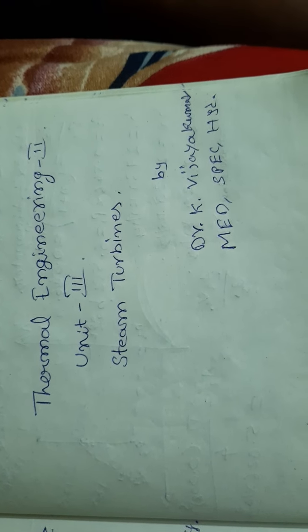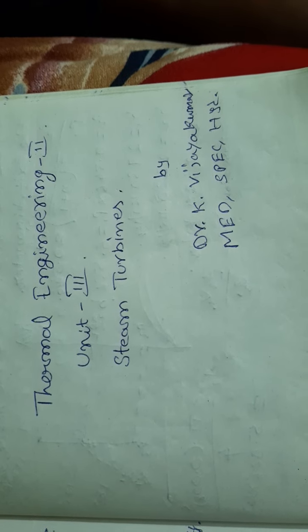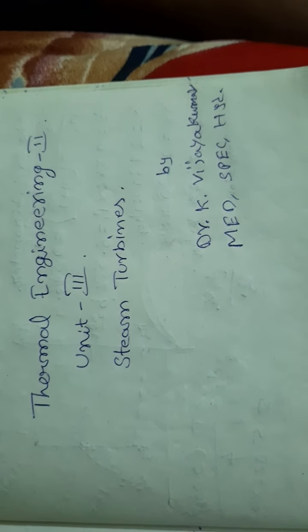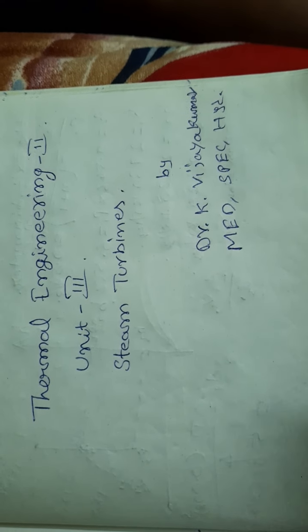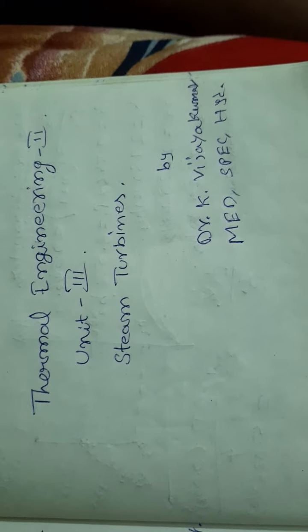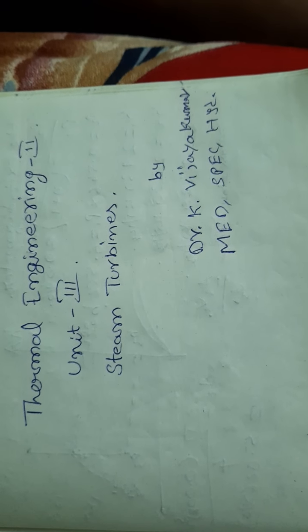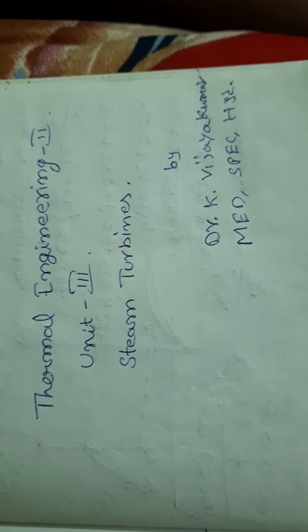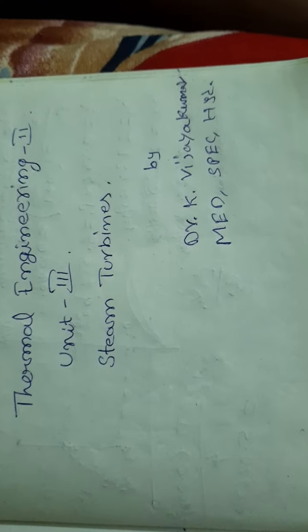And according to use, steam turbines may be stationary or non-stationary. Stationary turbines are used in power plants and for driving turbo blowers and pumps, and non-stationary turbines are used to drive ships and steamers, etc.